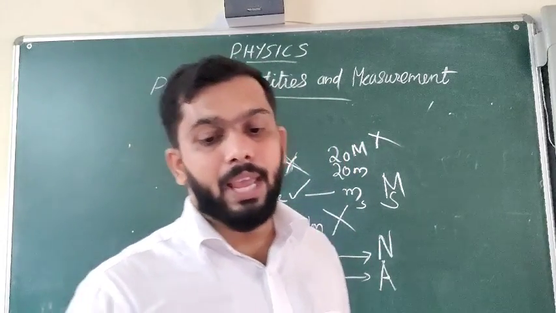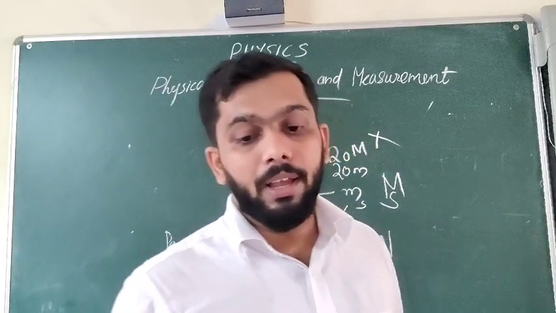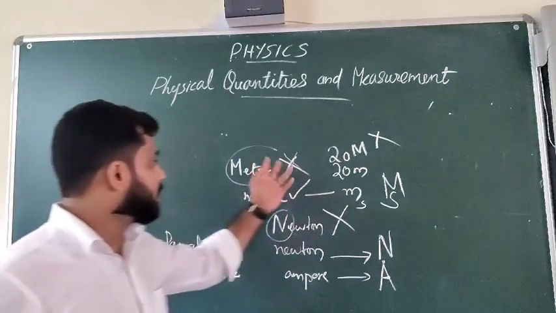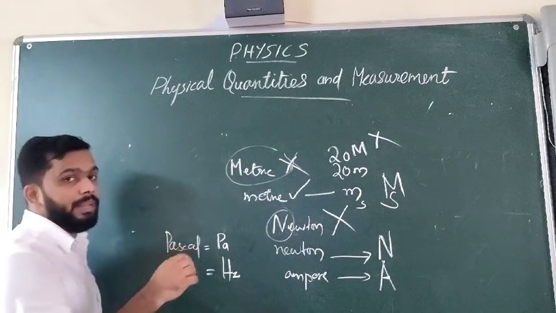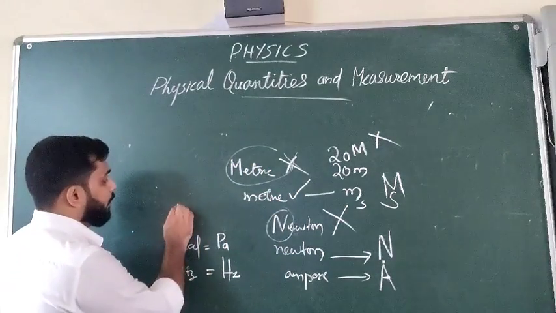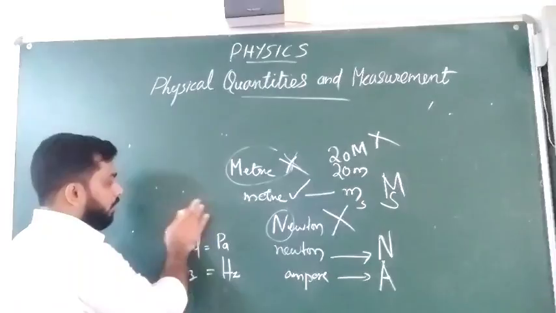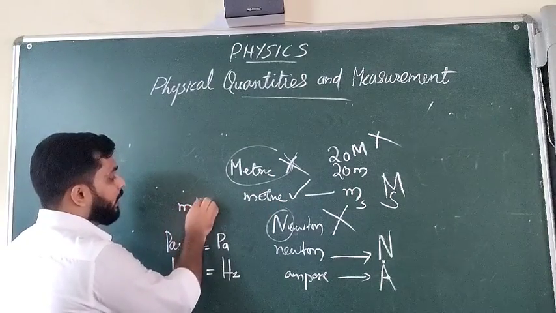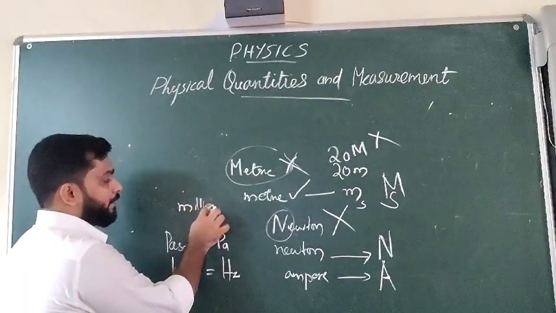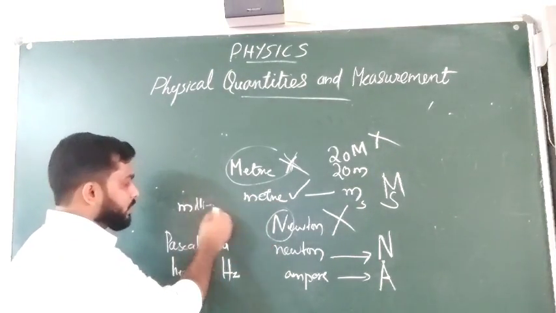Okay. Then prefix names. Again we are telling milligram, submultiples, sometimes we will use centimeter, millimeter. Millimeter means we will not use a capital letter. We will use only small letter milli. After milli there should not be any hyphen or any space.